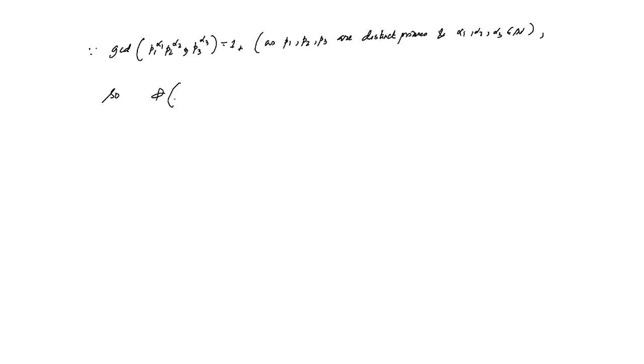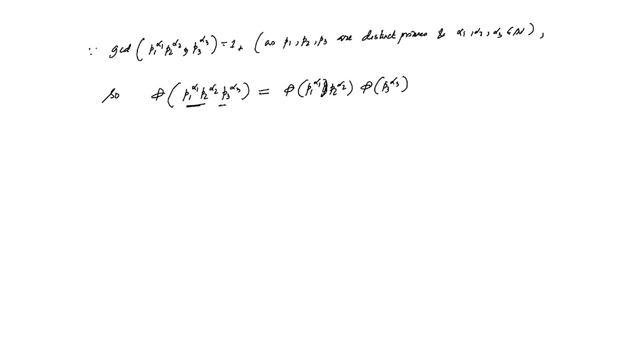So again, phi is a multiplicative function. So phi of p1 to the power alpha 1, p2 to the power alpha 2, p3 to the power alpha 3 we can write as phi of p1 to the power alpha 1, p2 to the power alpha 2 into phi of p3 to the power alpha 3.